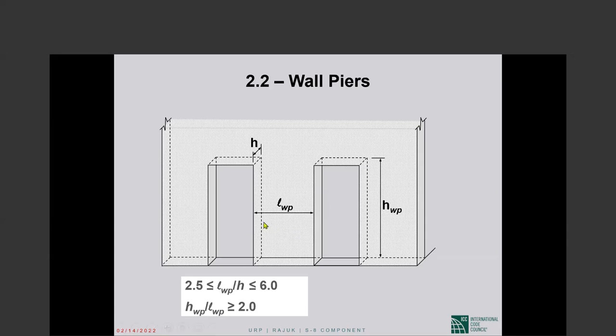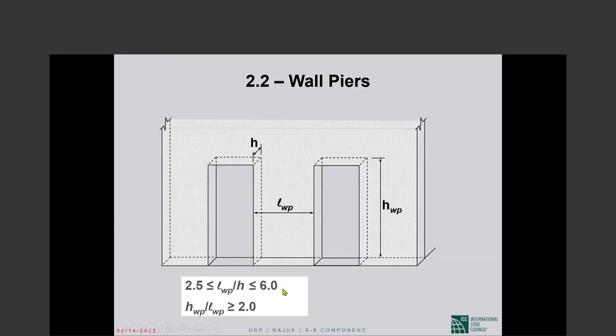For one of those segments to be defined as a wall pier, the height to length ratio has to be larger than or equal to 2. The height of the wall segment to the length ratio has to be larger than or equal to 2. And then the length to thickness ratio has to be between 2.5 and 6.